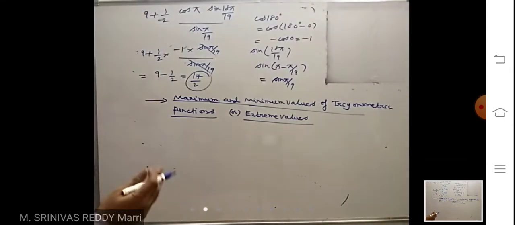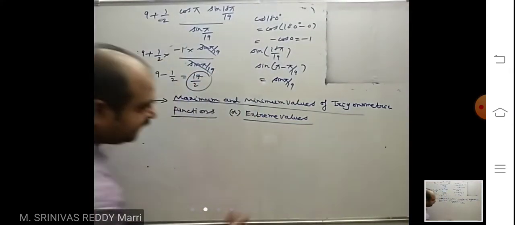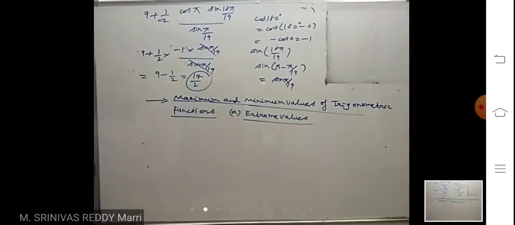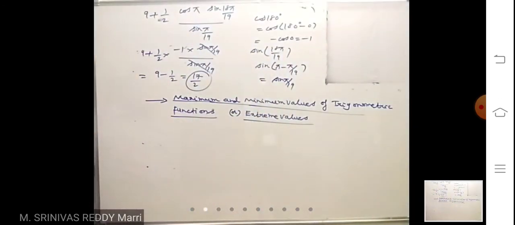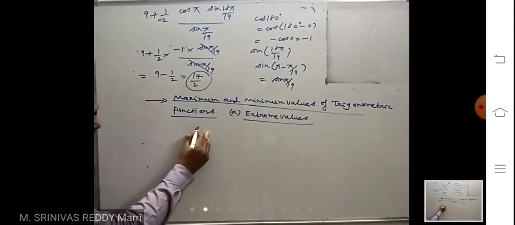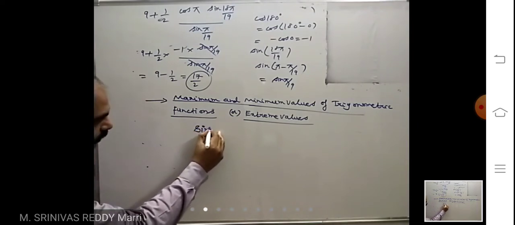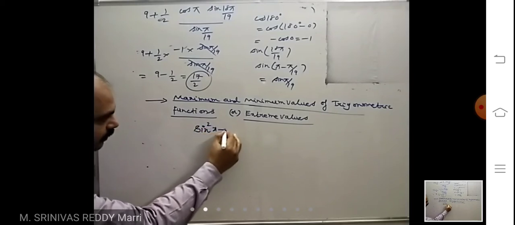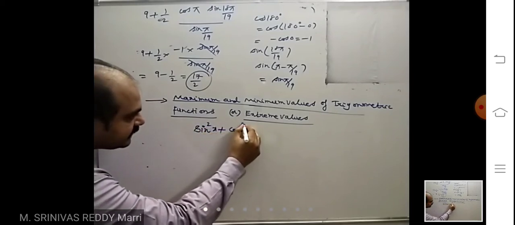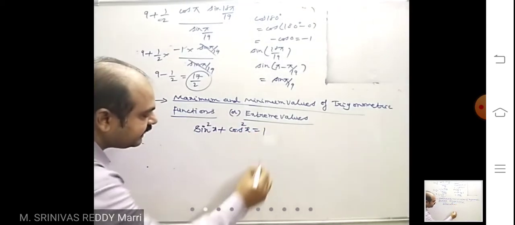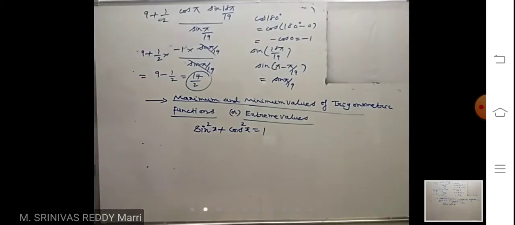So just like marks, you will have them for trigonometric ratios. Look at the maximum value of sin x, the maximum value of cos x, like that. Look at the identity here: sin square x plus cos square x equal to 1.